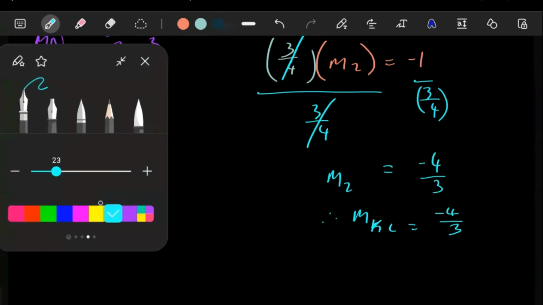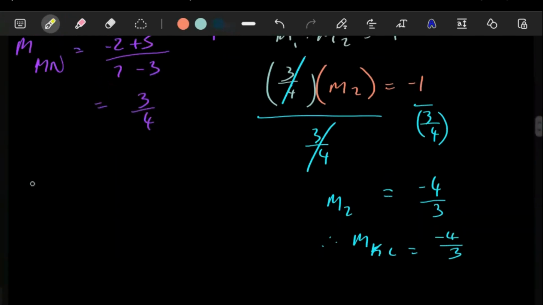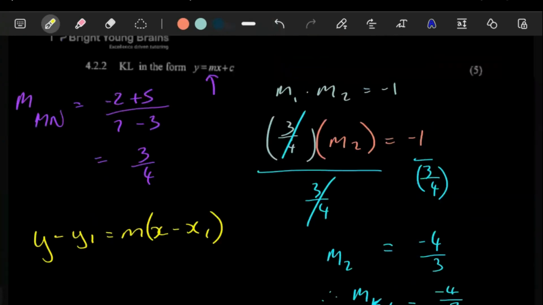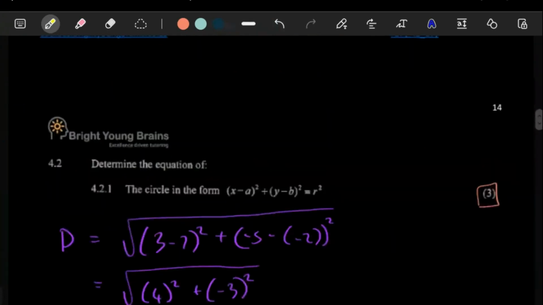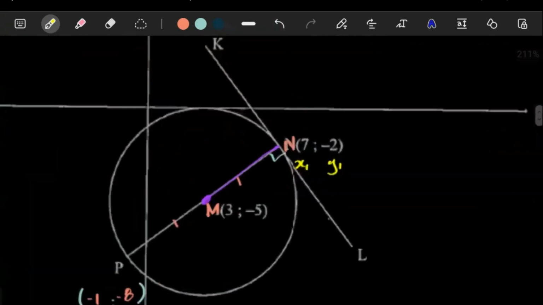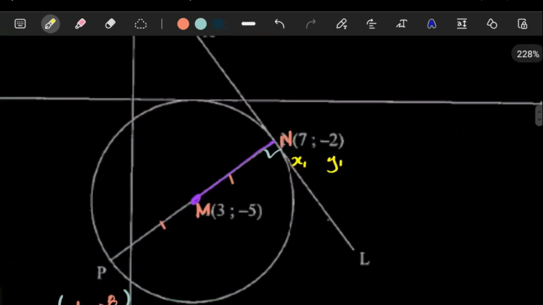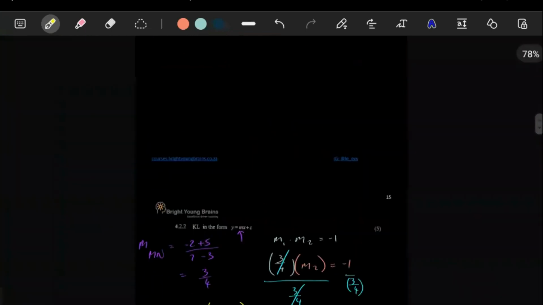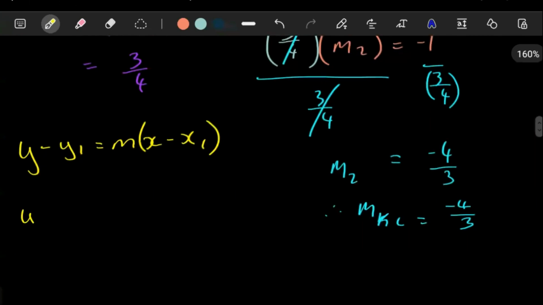Since you have the gradient of KL, you can easily now use this equation: y minus y1 equal to m times x minus x1. The x1 and the y1 are the coordinate that your line passes through, which is here, 7 and -2. So that being said, you can say y minus -2.